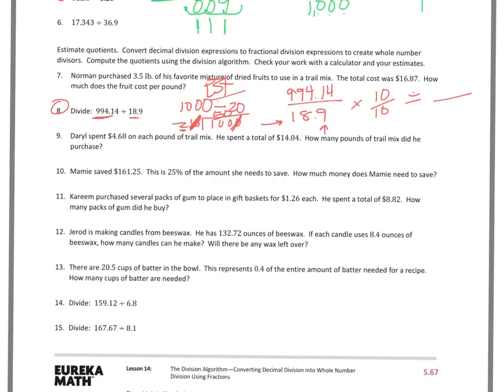So now I'm left with 189 on the bottom, and all of these digits shift 1 place to the left, meaning the 1 is now going to be in the ones place. So 9,941 and 4/10. Notice that the digits 99414 are still in the same order, they're just moving places on the place value chart. So there's my problem that I would then divide out.